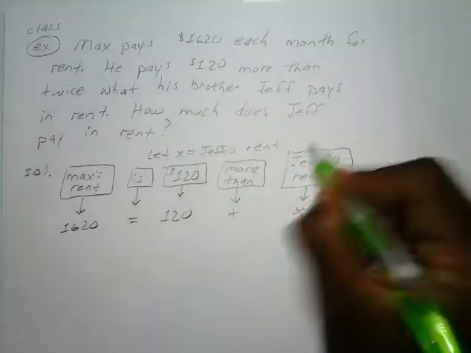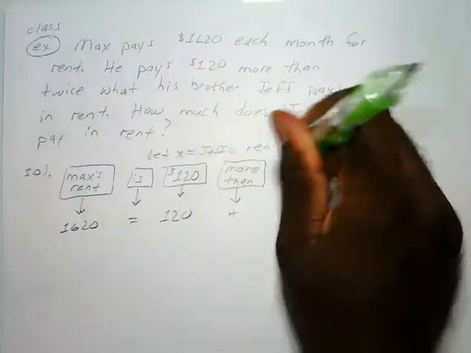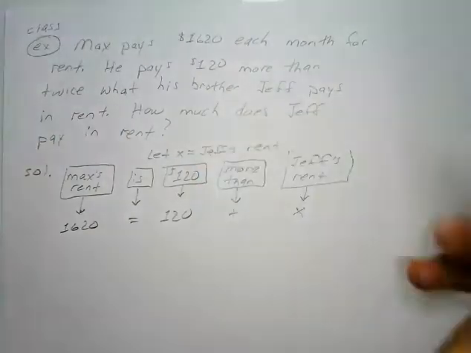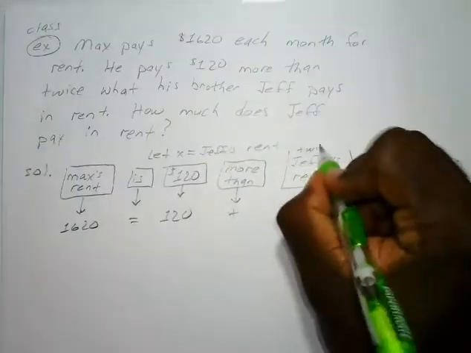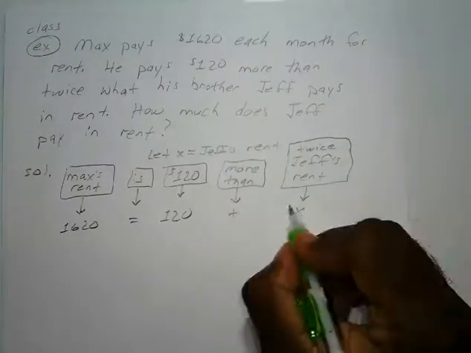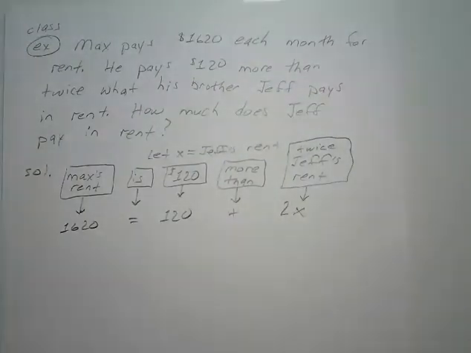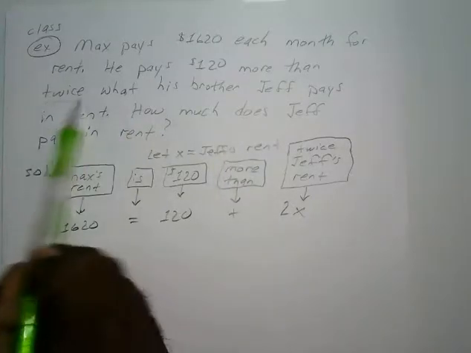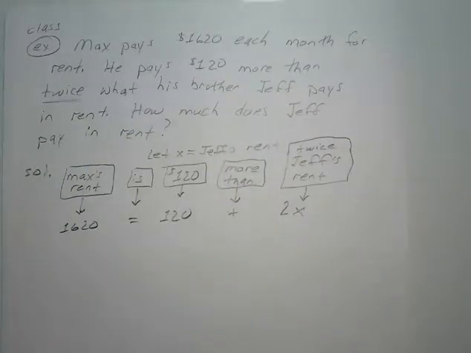So really we're looking for twice Jeff's rent, which means you're going to have 2x. Now, if it said 3 times Jeff's rent, it would be 3x. So it varies. But when you see that word twice, then you know it's 2 times x.